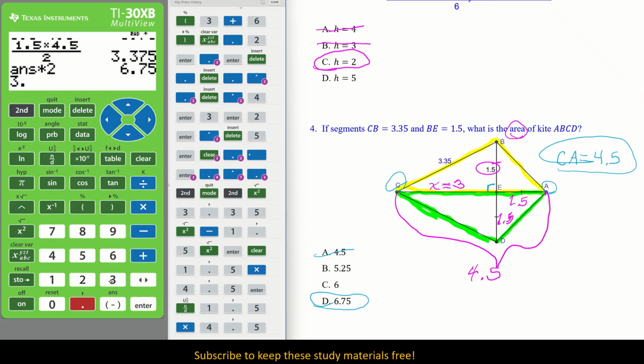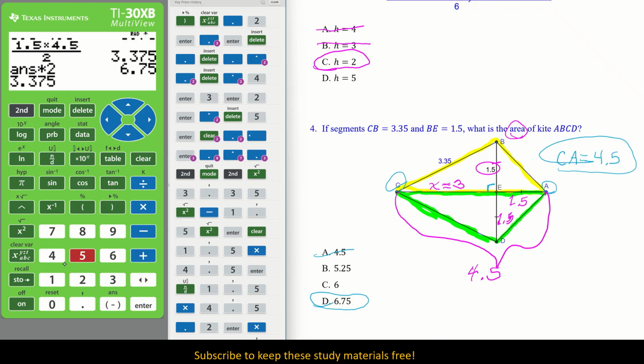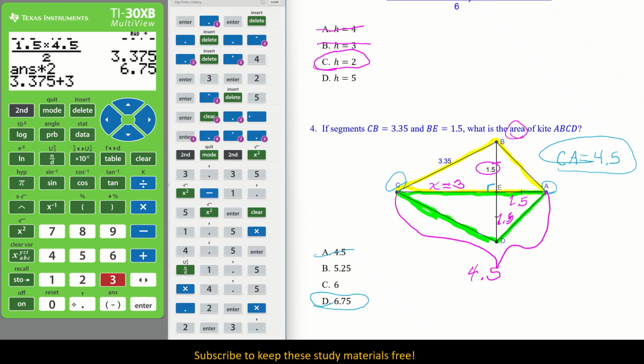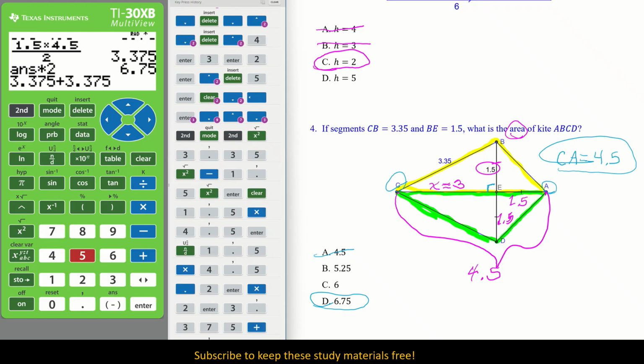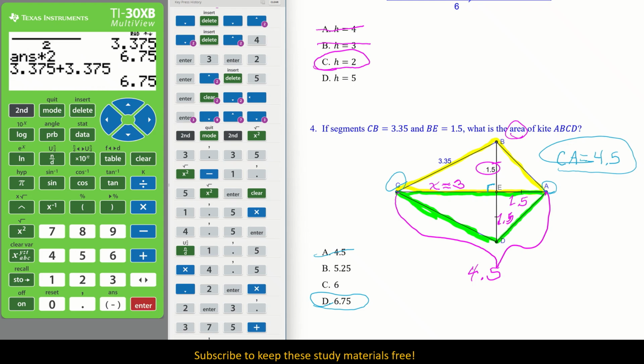It would have been 3.375 plus 3.375. So there's 2 of them. So you can either multiply that value times 2 or add 2 of them together, however you want to do it. It's still the same thing. Okay, anyway, my point is there's more than one way to see it and do it, and D is a reasonable answer. Okay, let's move on to number 5.